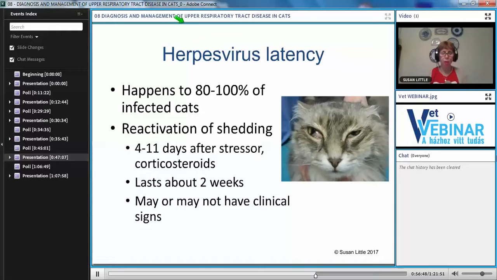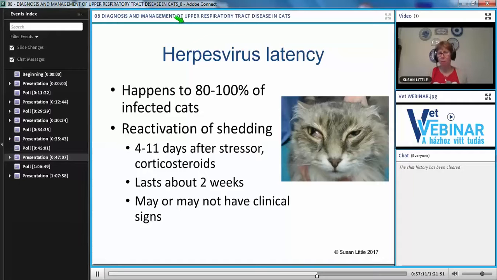So we do have to remember, though, that the majority of cats that get infected with herpes virus are infected for life. It's not true of calicivirus. Those cats, after infection, will shed for a long time, but they're typically eventually able to rid themselves of the infection, or at least the one case where that might not happen would be the stomatitis cats.